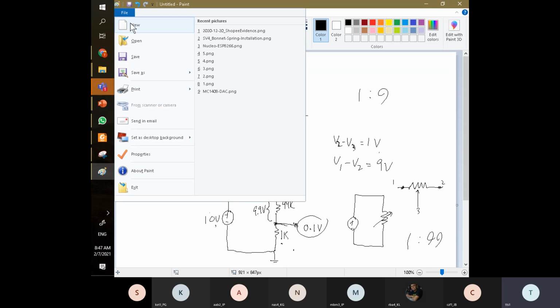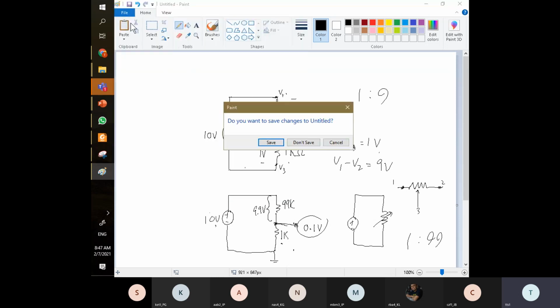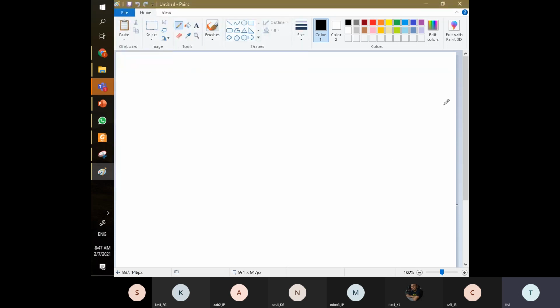When you come to the current divider, it's a different story. You cannot just divide the current like this, right? The current needs to be divided using parallel branches. Let's say here we have 100 amperes coming in. If we want to divide the current, we need to divide using branches. So we have another resistor here, another resistor here.